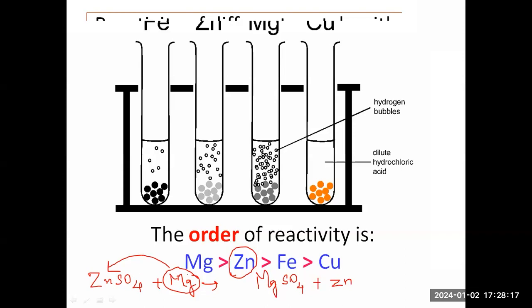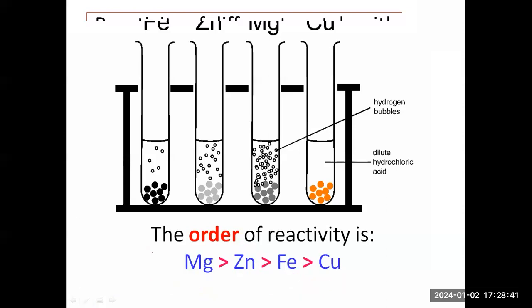So the data can be given in this way also. You can be given the common metals and whether displacement took place or not. On that basis, you can decide which metal is most reactive, which is least reactive. So such kind of questions are there on this topic.